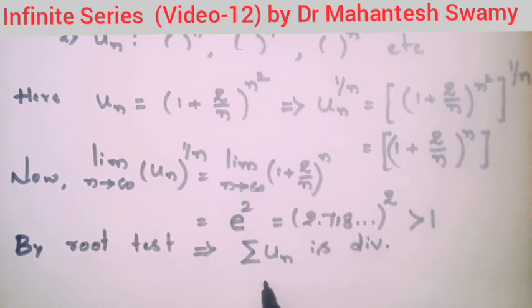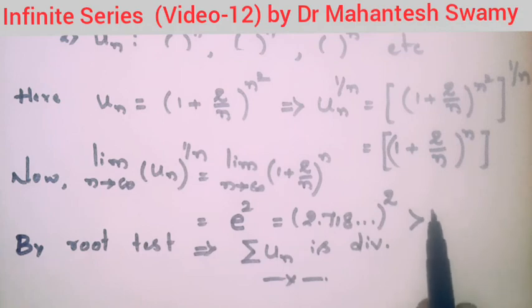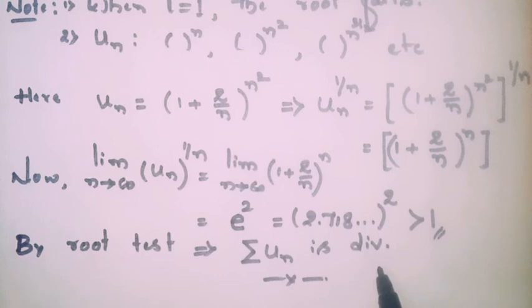Just now we gave the principle of Cauchy's root test. When the limit value is greater than 1, the series diverges. When it is less than 1, the series converges. Here the answer is greater than 1, therefore our conclusion is that the series is divergent. So this completes the solution of the first problem.